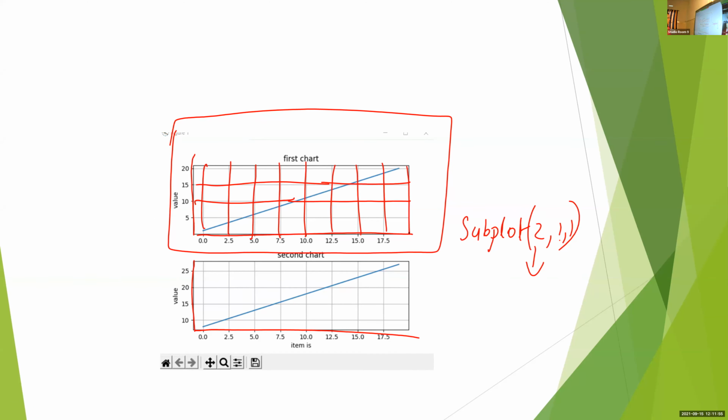For displaying this grid, I'm using grid of true. If I'm not giving grid, the graph is just like within a plain surface. That is great.